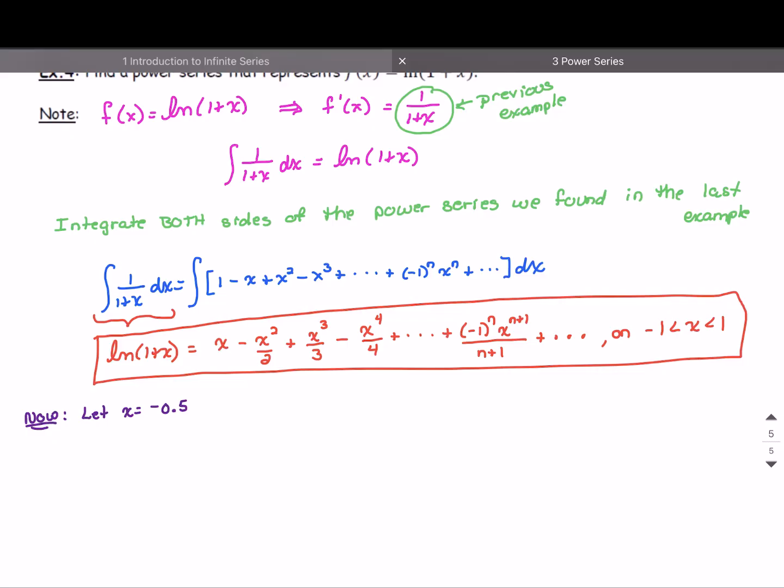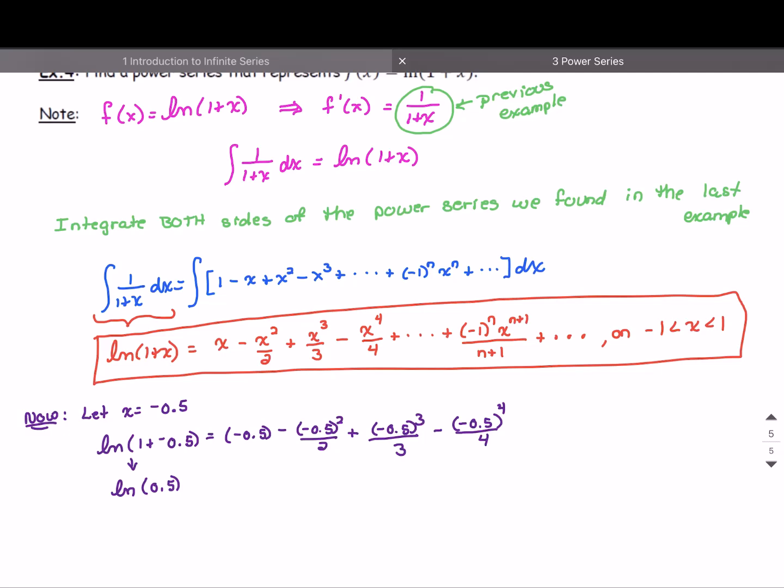If we let x be negative 0.5, that means that the natural log of 1 plus negative 0.5, which, by the way, is the natural log of 0.5, according to our power series, is going to be negative 0.5 minus negative 0.5 squared over 2 plus negative 0.5 cubed over 3 minus negative 0.5 to the 4th over 4.